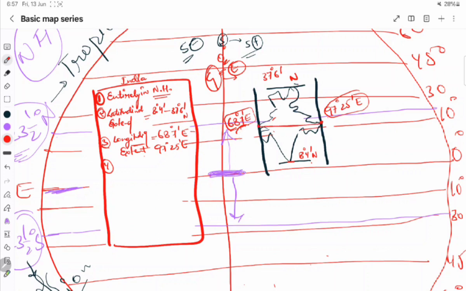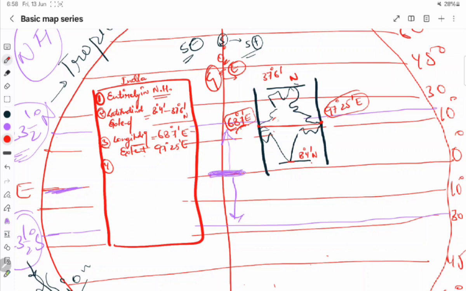Once we have the longitudinal extent, we are going to have the difference between east and west. Now what is the difference? What do you think? Is it going to be bigger or lesser? Looking at the map of India, west to east is a bit less than north to south.